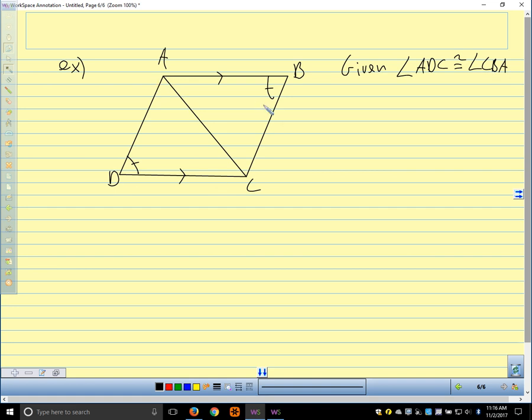So that angle and that angle. And that segment AB is parallel to segment DC. We want to prove that triangle ADC is congruent to triangle CBA.